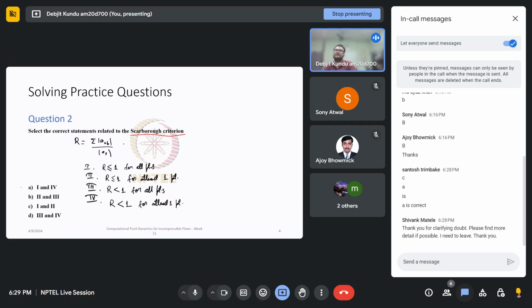So we have one response in favor of option A, that is 1 and 4. Let's hear what others have to say.